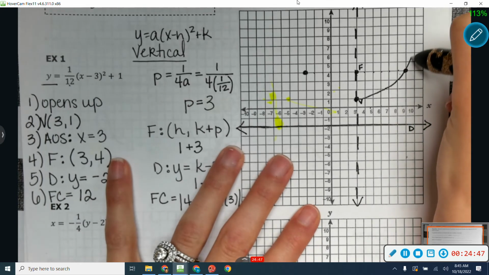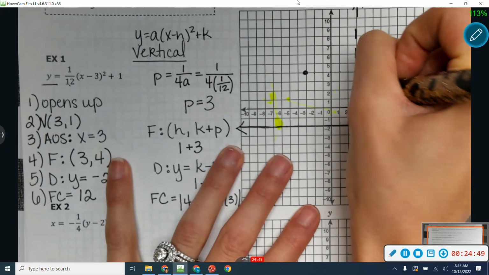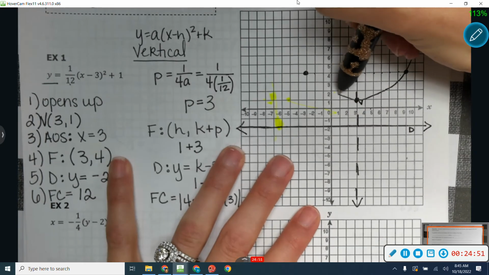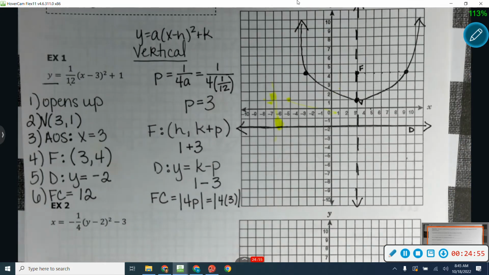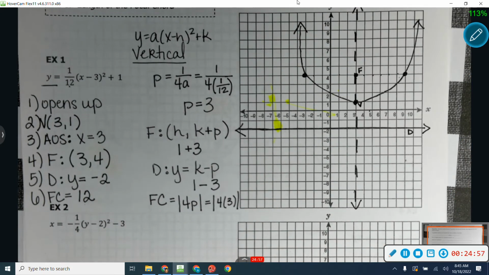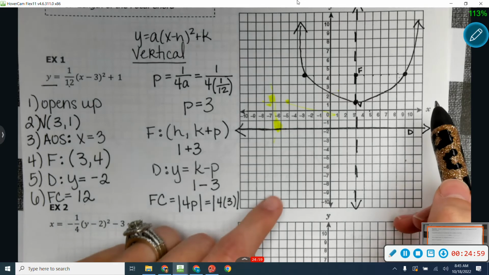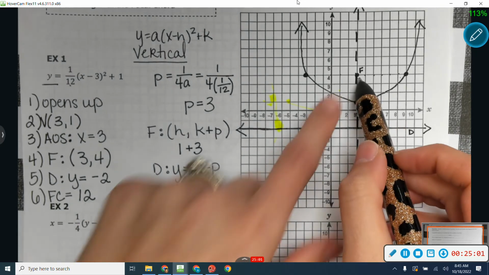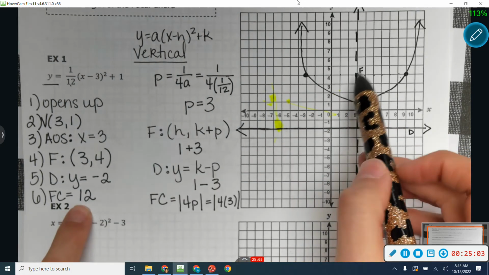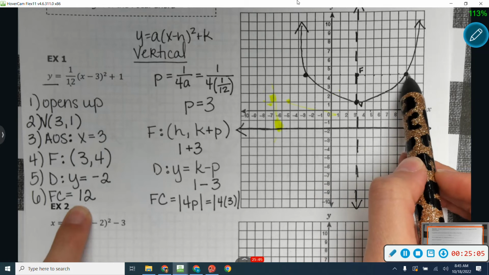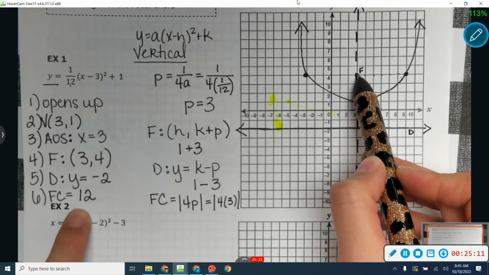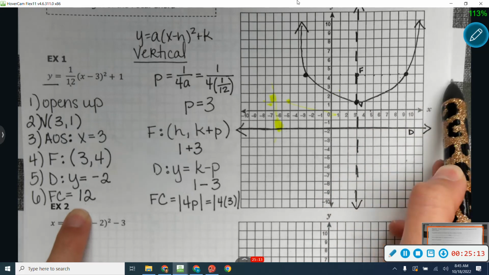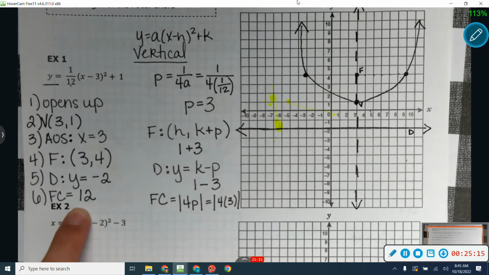So those are my 2 points I'm going to be able to use to draw my parabola. So I'm using my focal chord, and I'm using that length. So if I were to go from this to here, it would be the full 12. So that's why you take it halfway, start at your focus, and go halfway one side, halfway the other side.